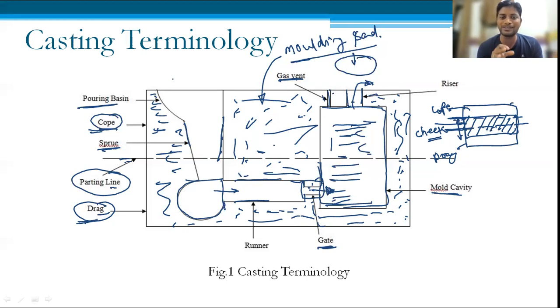We do not want these gases, or air entrapped during the sprue, to become a part of the casting. If they do, it will create a casting defect, porosity, which decreases the strength of the casting. So for that we use the gas vent, to prevent casting defects from entrapment of gases. So these are the elements. Let's discuss how the casting actually occurs.